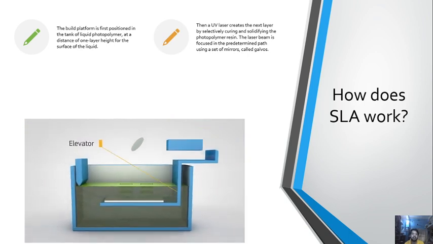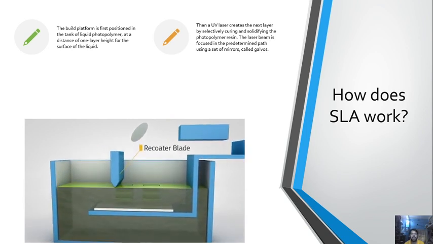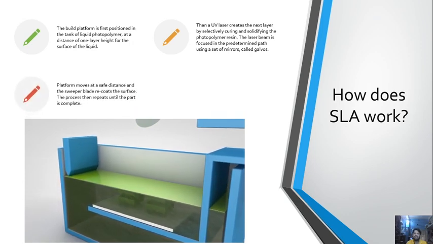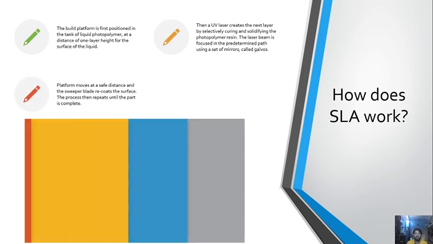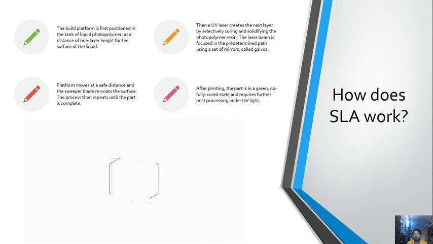The laser beam is focused in the predetermined path using a set of mirrors called galvos. The whole cross-sectional area of the model is scanned, so the produced part is fully solid. When the layer is finished, the platform moves a safe distance and the sweeper blade recoats the surface, and the process then repeats until the part is complete.